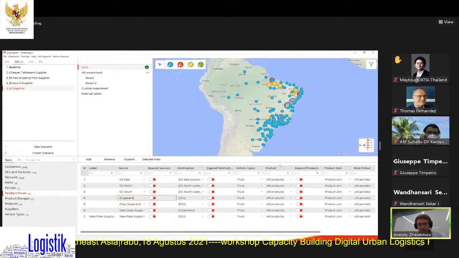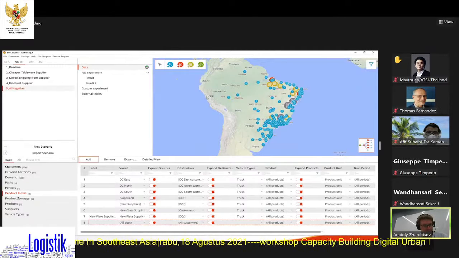Suppliers can ship to distribution centers, and distribution centers can ship to customers. But in case a distribution center cannot ship directly to some customers, it also makes sense.